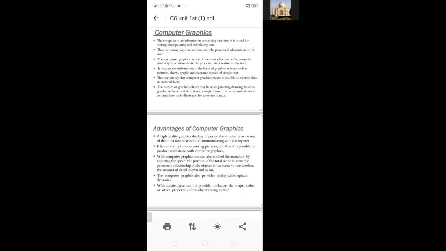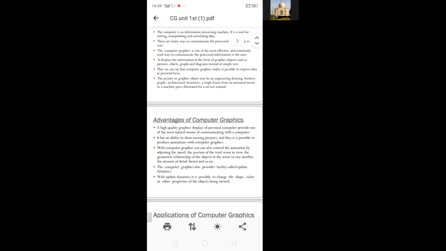In the first slides we saw that computer graphics will allow the systems to create the visuals. In the second case, we saw the biggest advantages of computer graphics are in the field of animations and expressing things in a graphical way. So these are nothing but the advantages.